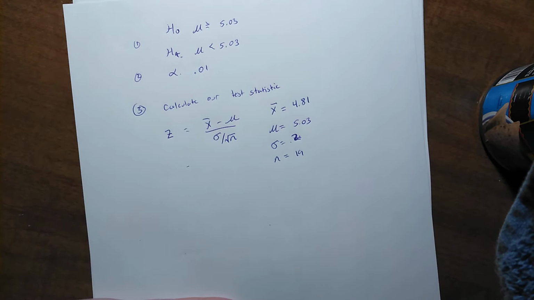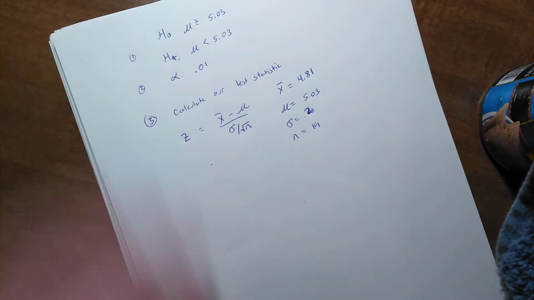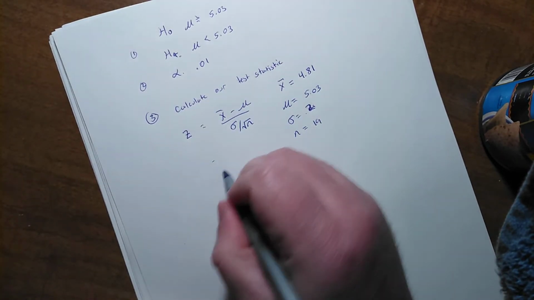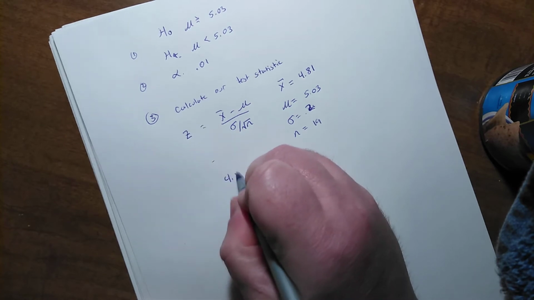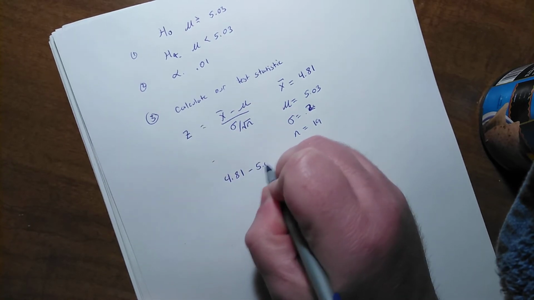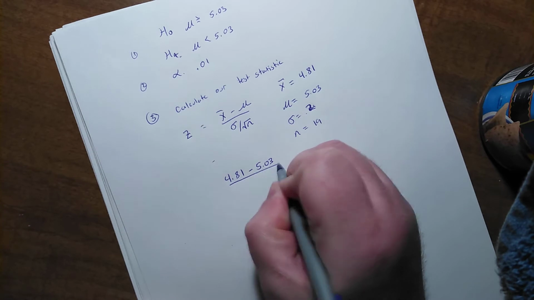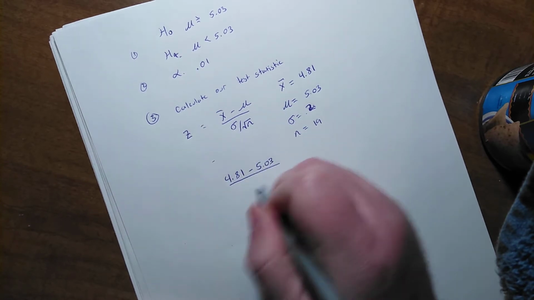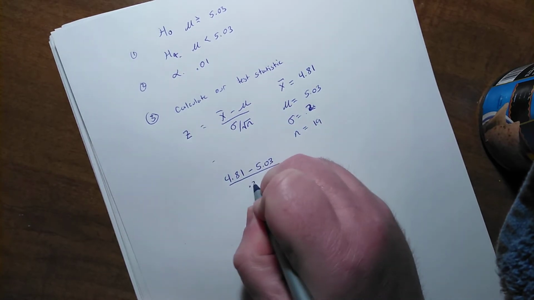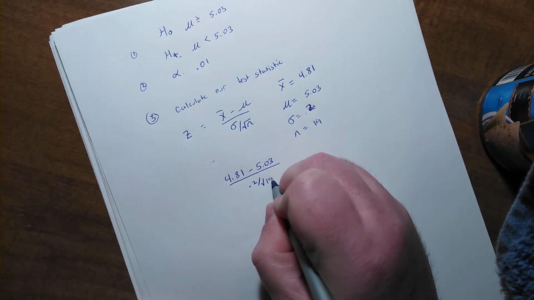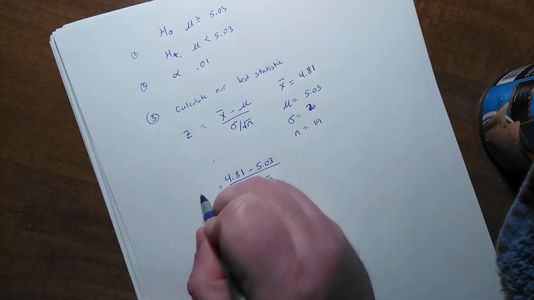All right, so let me put this together for us. We have x bar is 4.81 minus 5.03 divided by the standard deviation, right? That's 0.2 over the square root of 19. Okay, that's my z.